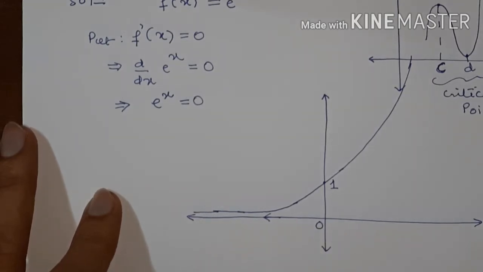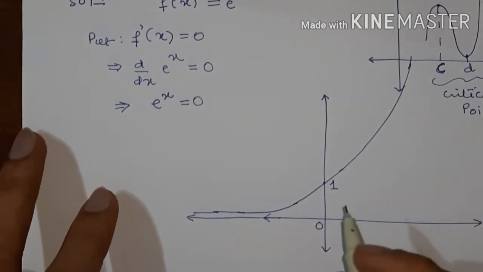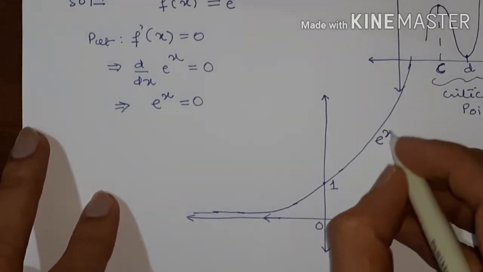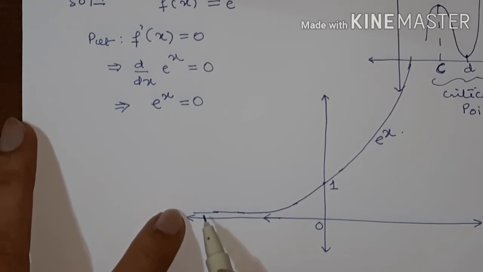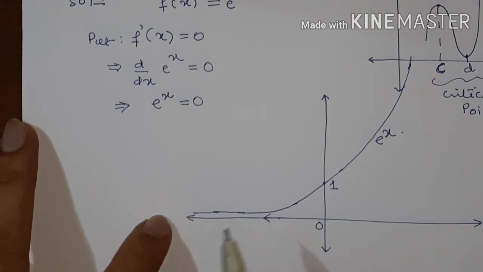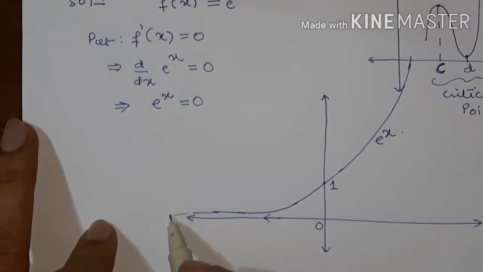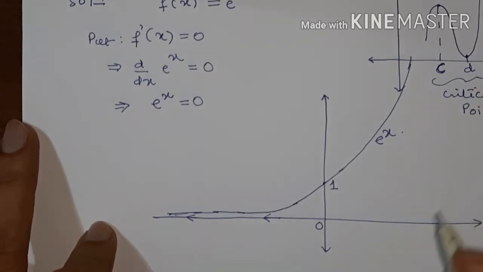This is the origin. So this is the graph of e raised to x. Now you see that the graph will not become 0 at any point. Here you see that it is very, very close to 0, but it never becomes 0. And here it keeps on increasing.